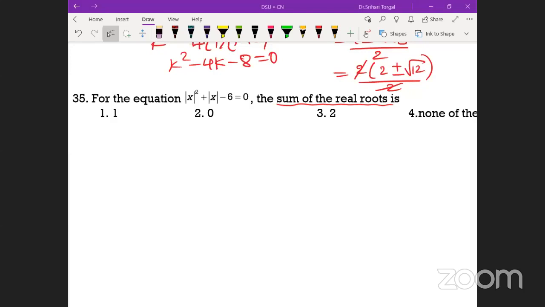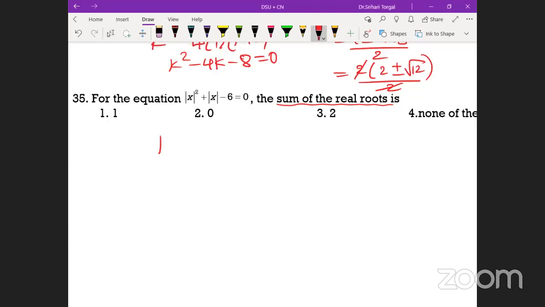You can unmute and speak. Okay. What are the roots of this equation? Is it minus 1? No. Only one root?